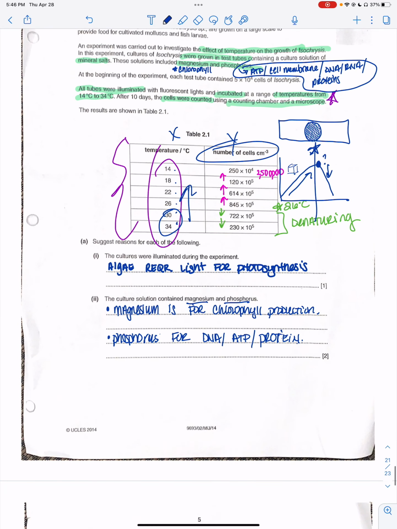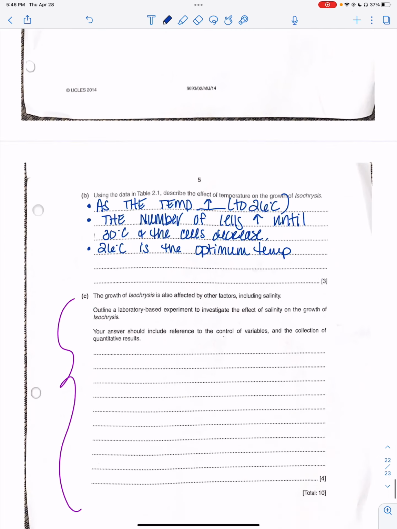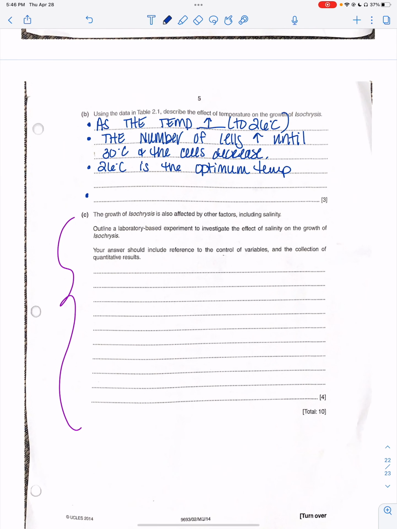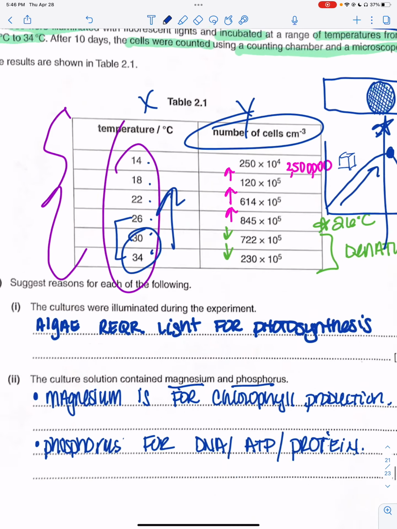Okay, and then if you wanted to say the amount that it decreased, so between 26 and 34 degrees Celsius, it does say use the data. How much do they decrease by?